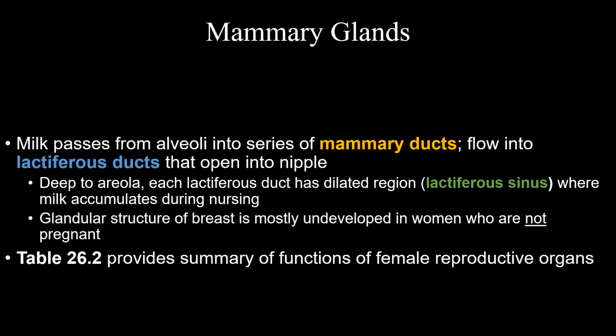We'll talk about this a little bit more, the process and regulation of lactation in chapter 27. But in non-pregnant women, the glandular structure of the breast is mostly undeveloped, and these alveoli are not present. And so for this reason, breast size is largely due to the amount of adipose tissue in the breast. And the breast also happens to be one of the most common sites of cancer for women.